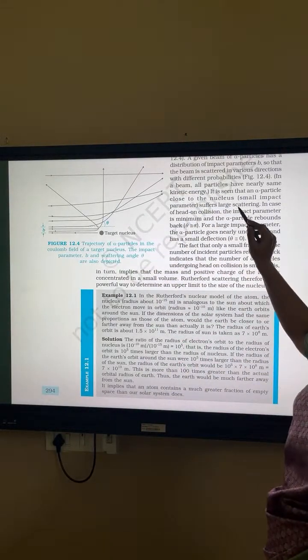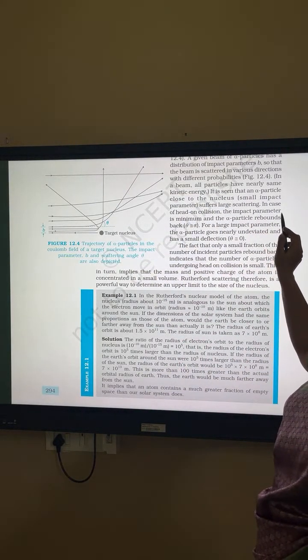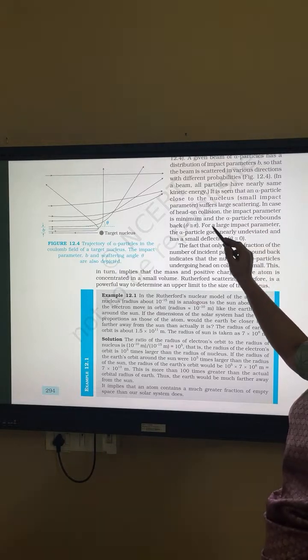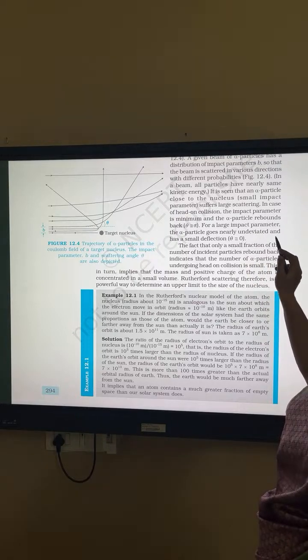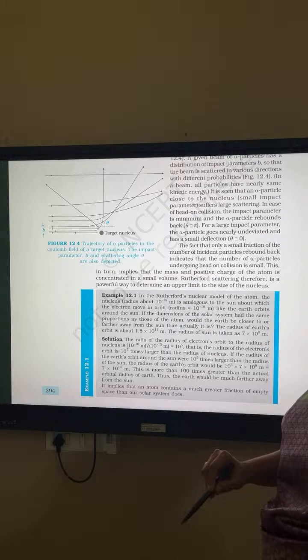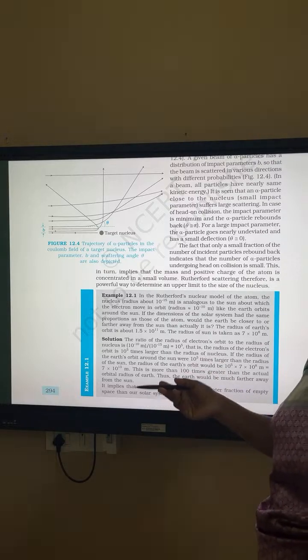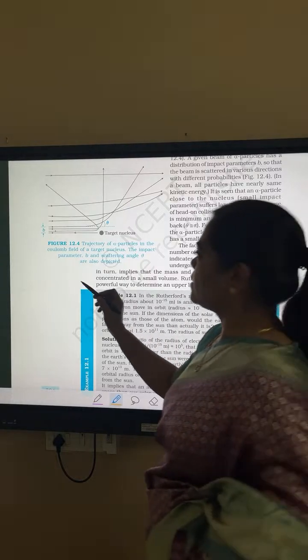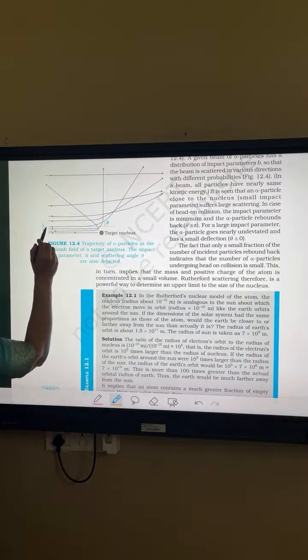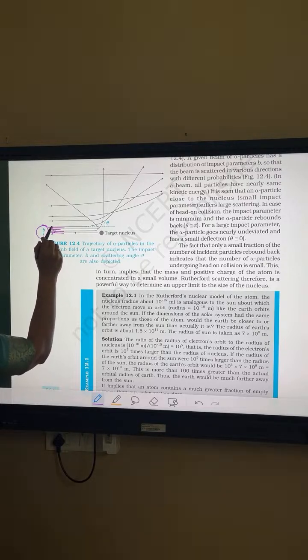Okay? Then what will happen? It suffers large scattering. In case of a head-on collision, the impact parameter is minimum and the alpha particle rebounds back. For a large impact parameter, the alpha particle goes nearly undeviated and has a small deflection. See, for example, here, this is the small parameter, right? Clear?